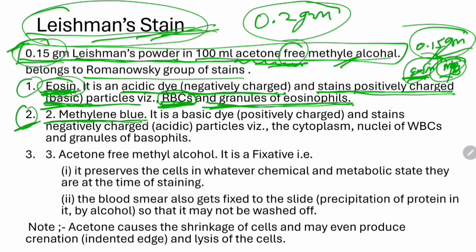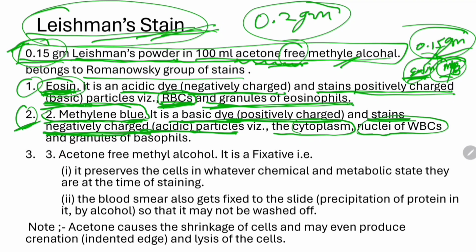Methylene blue is a basic dye and it's positively charged. It stains negatively charged acidic parts of the cell. So what are those? The cytoplasm of the cell and nuclei of the WBC, and granules of basophils.